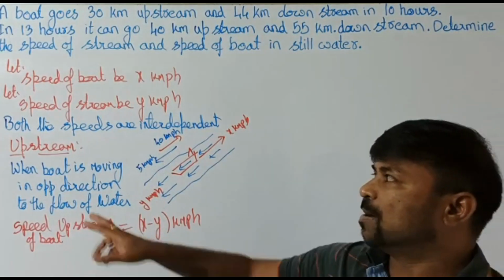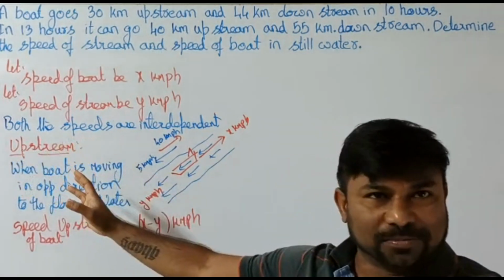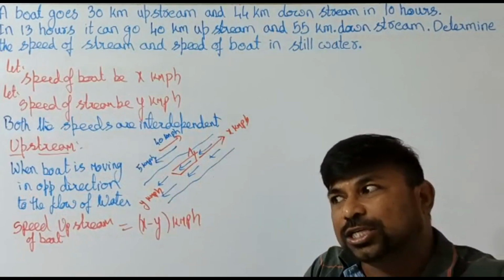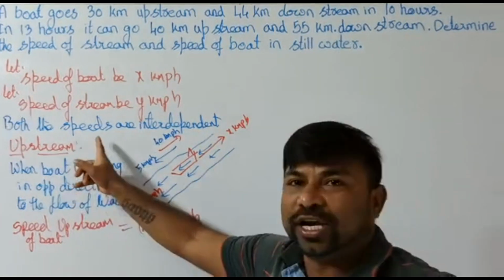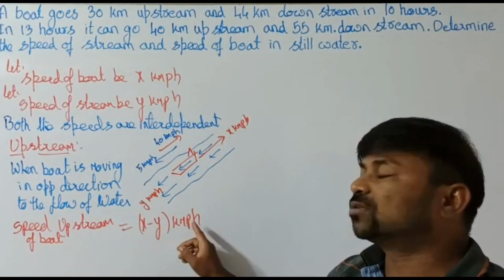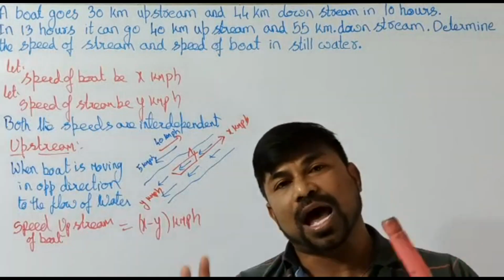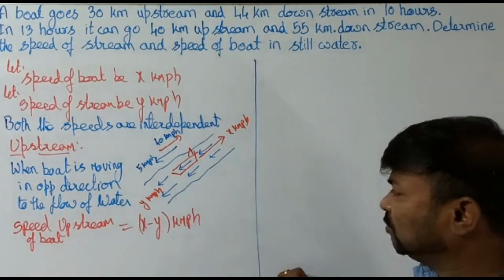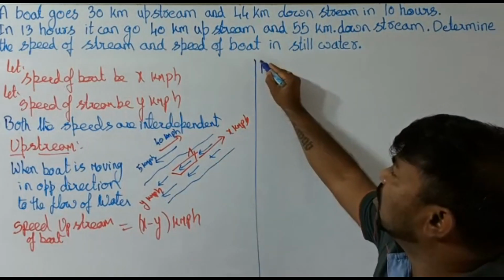So always please remember, what do you say upstream? Upstream means when the boat is moving in the opposite direction to the flow of the water. Then the speed of the boat upstream will always be x minus y kilometers per hour. That is the first point to be noted. Now we are going for the other concept called downstream.